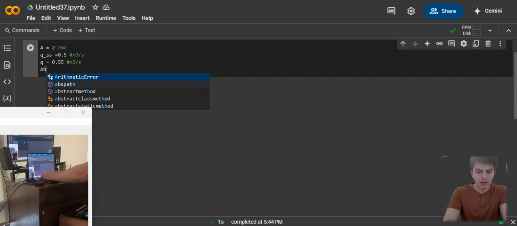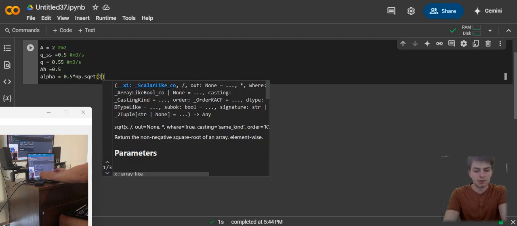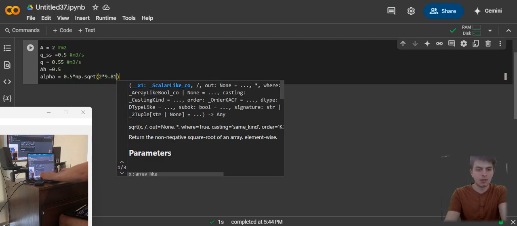I guess it's saying the area of the hole is 0.5, and that we can say alpha is equal to 0.5 times np.sqrt of 2 times 9.81, which is our g.